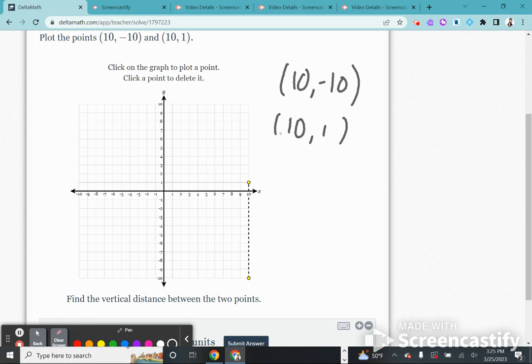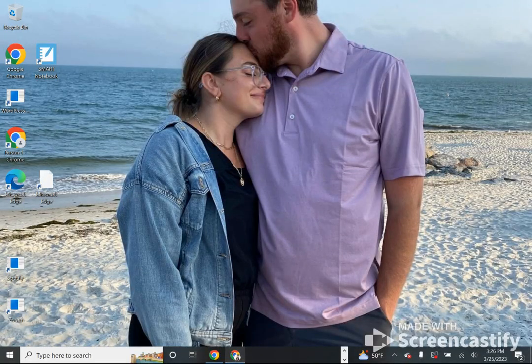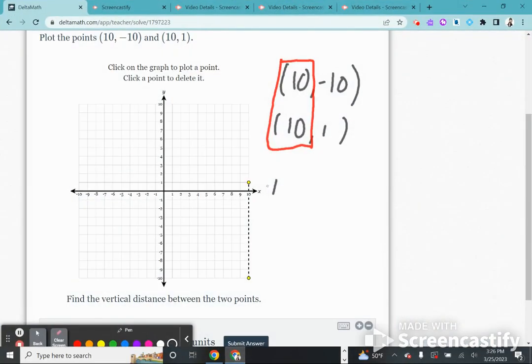So this time, my x values are the same, so I need to compare my y values. So I'm going to go in, and I have negative 10 minus 1, which would just get me negative 11.